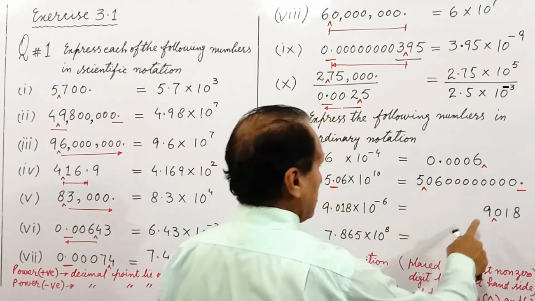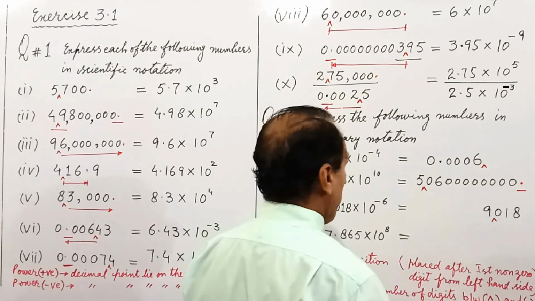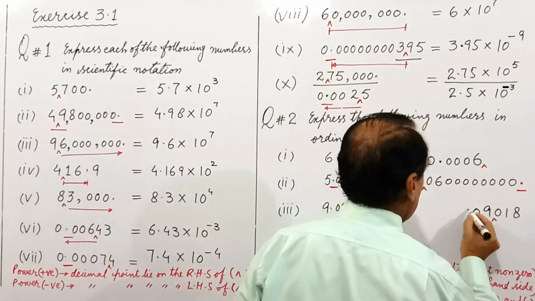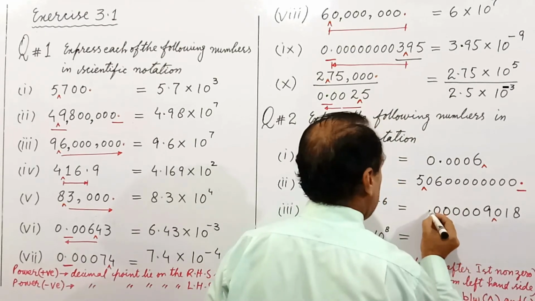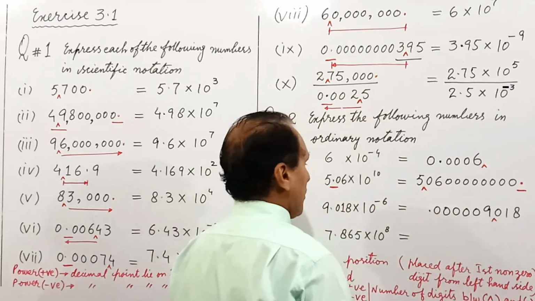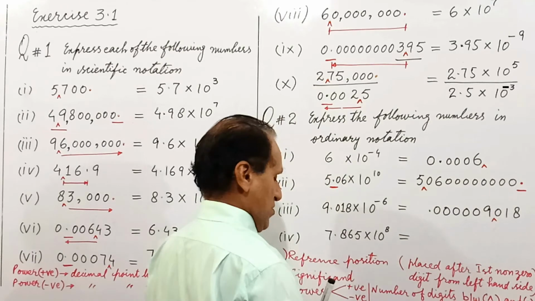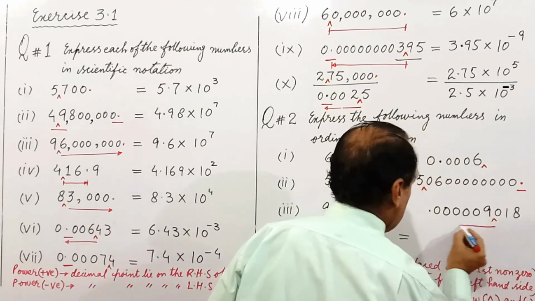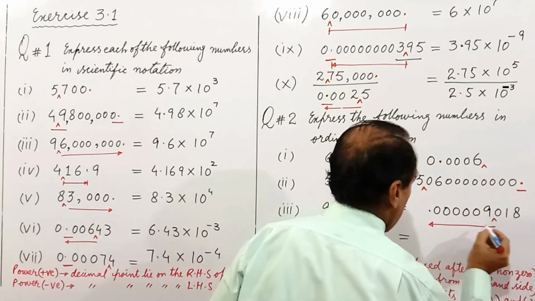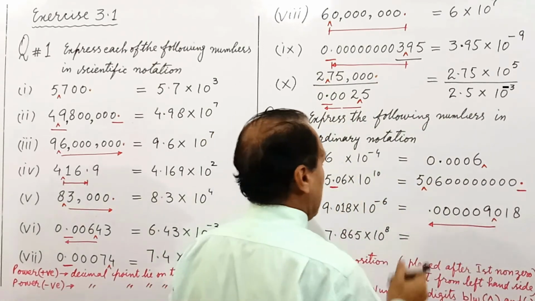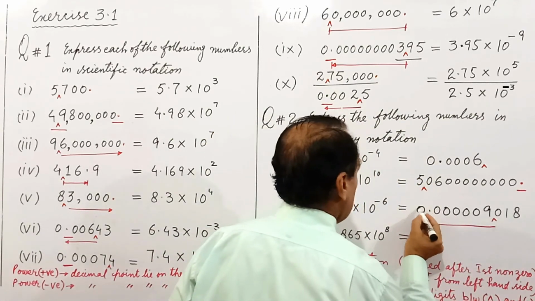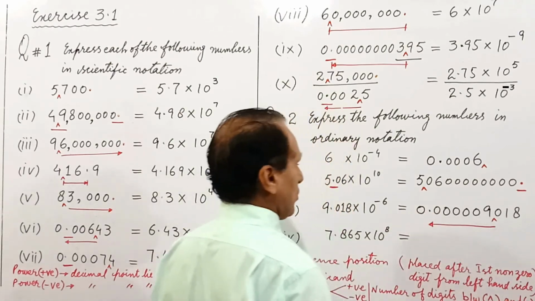So 1 digit is already there, and we have to put 5 zeros, 1, 2, 3, 4, 5. And we put the decimal point. Now negative power 6 determines the 6th digit from the reference position to the left hand side. We highlight the decimal by putting one more zero on the left hand side.